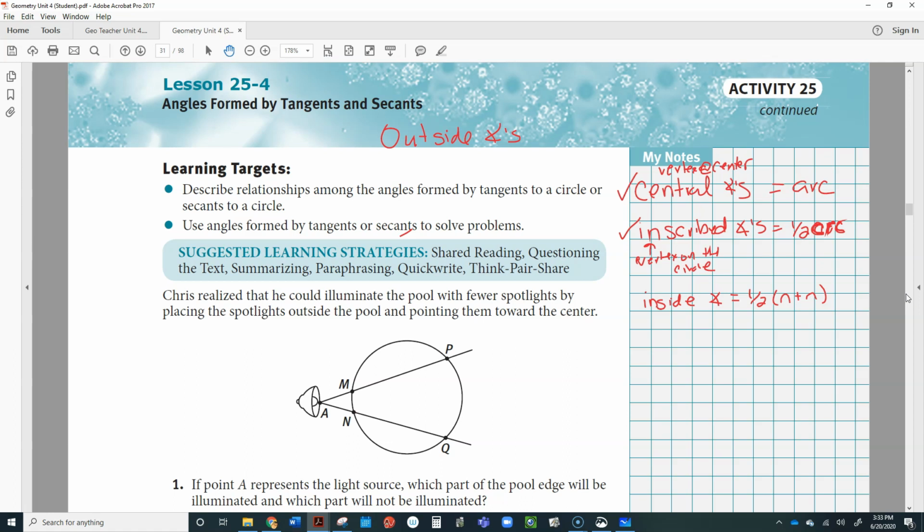If they're formed outside, okay, this is today's lesson, outside angles, and I am going to go ahead and give you the formula right here. Springboard does a beautiful job of walking you through a reasonable real world situation that would require you to know this stuff.